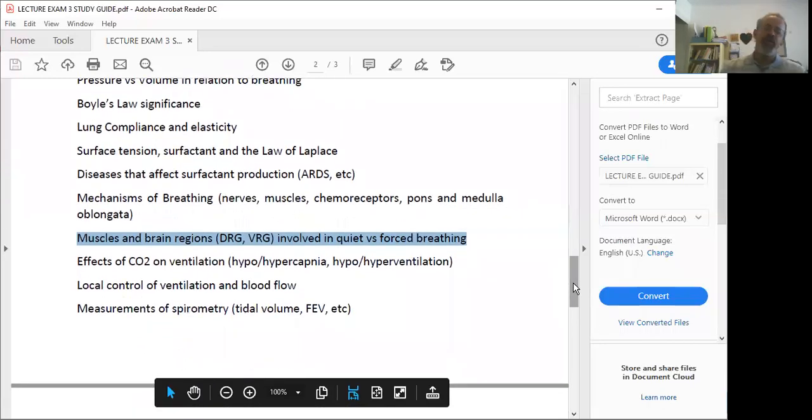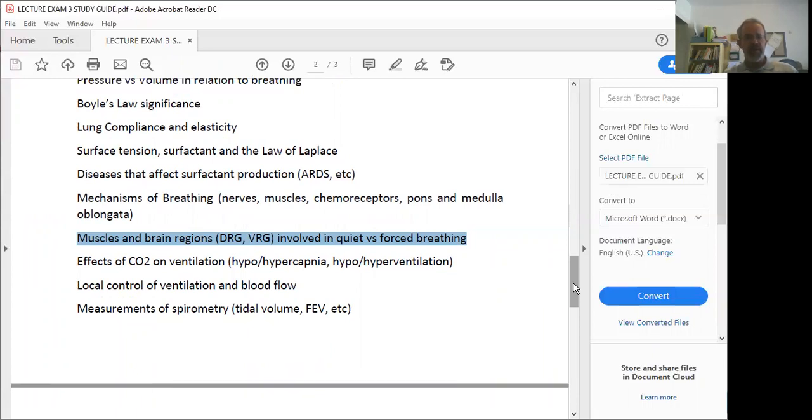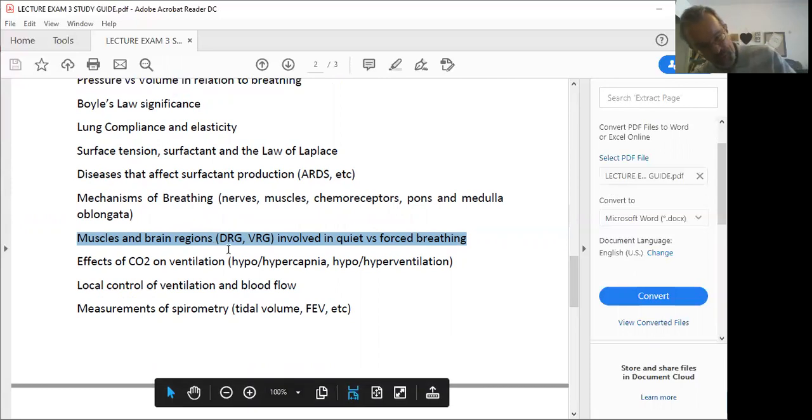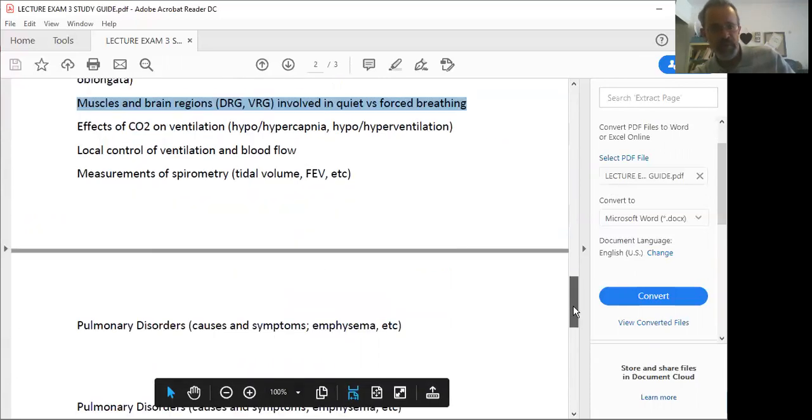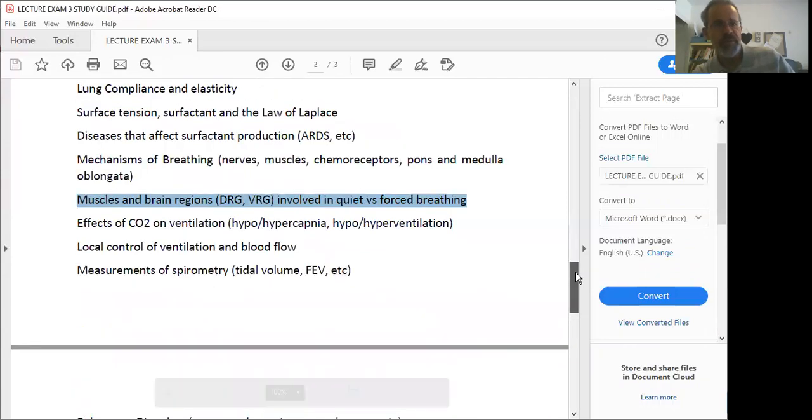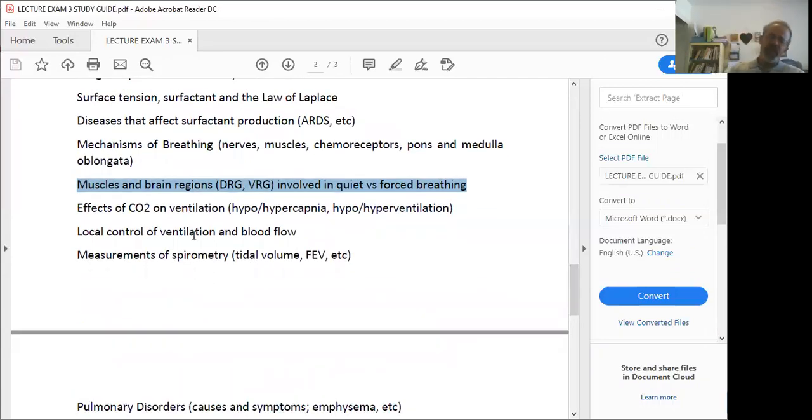Getting to the home stretch, in the final lecture we started looking more at oxygen transport, CO2 transport. Effects of CO2 on ventilation, local control of ventilation on blood flow.